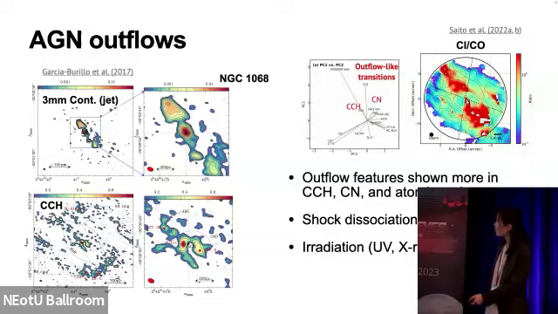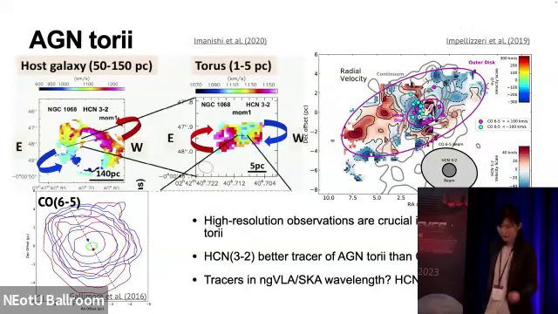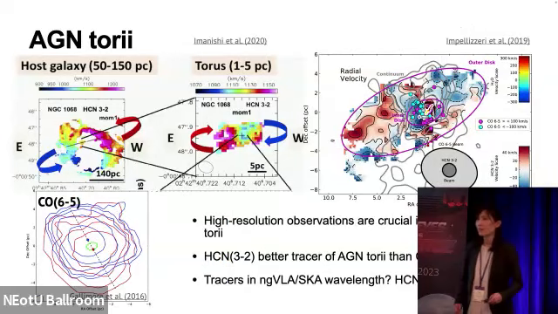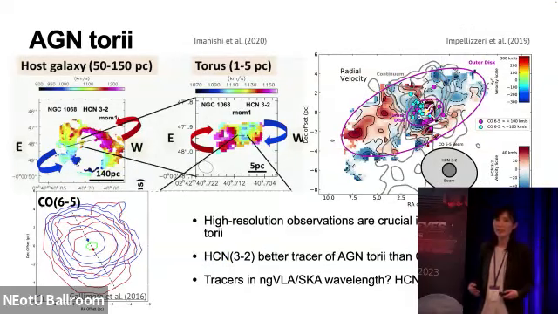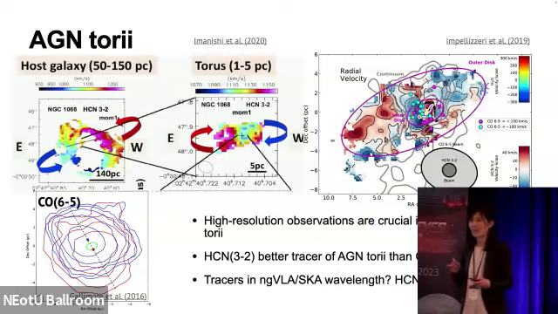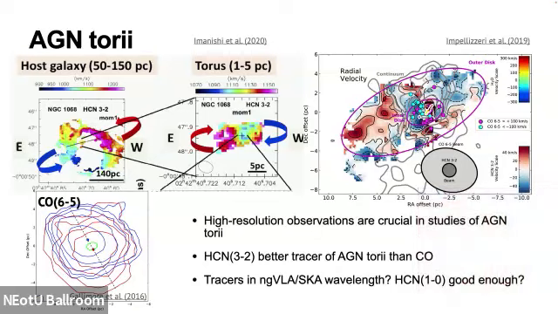Well, we know that with ngVLA and SKA, we can go to very high angular resolution. So of course, it's very interesting to trace the very vicinity of the AGN. With the parsec scale observation, they saw a torus with HCN 3-2.